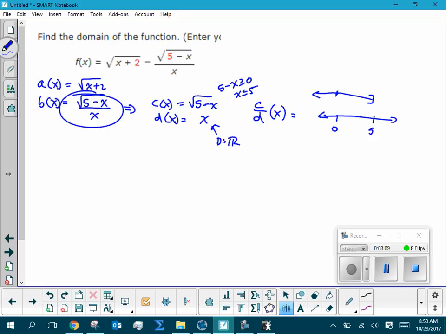So right now, by looking at just this, we've got the domain to be negative infinity up to 0 union 0 up to 5.